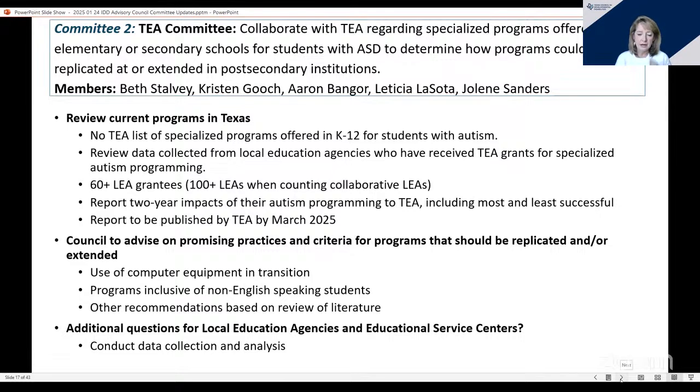I think our committee had a conversation about this, and it's already been mentioned here today, the use of computer equipment, for example, and technology. One of our committee members was talking, similar to what was said earlier, about how you have resources that you've been using all through K-12 and transition, and then all of a sudden that's taken away.